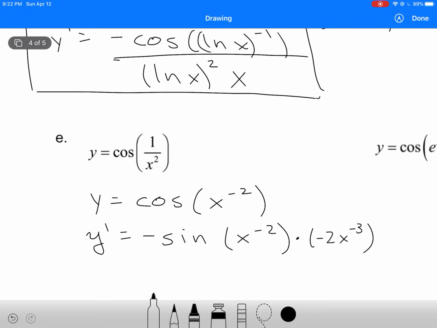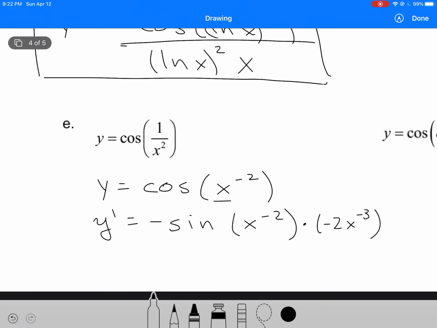So minus 2x to the minus 3, because my inside function is this x to the minus 2. When I write my final answer, I'm going to simplify that a little bit. So I've got two negatives. Those are going to make a positive. I've got sine 1 over x squared all over x cubed as my final answer.